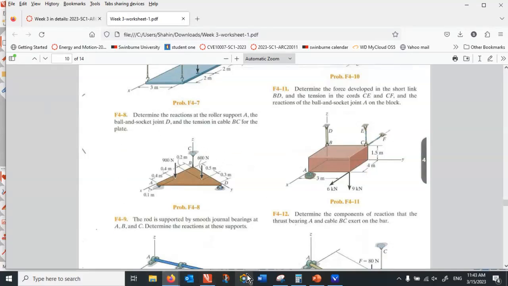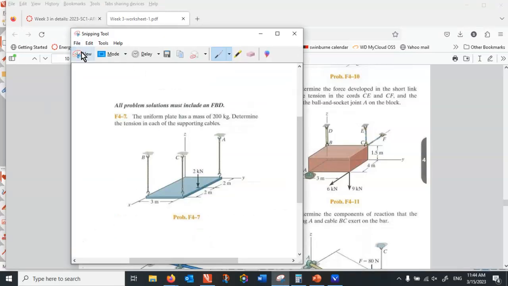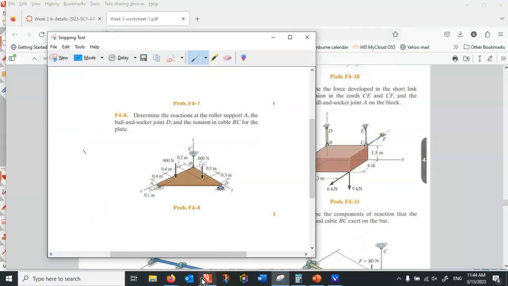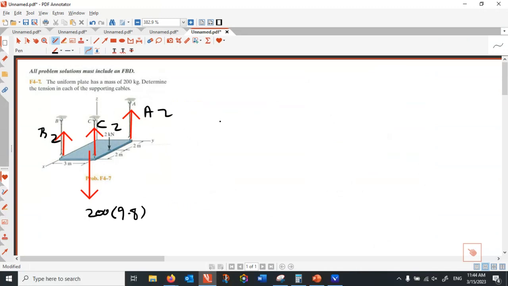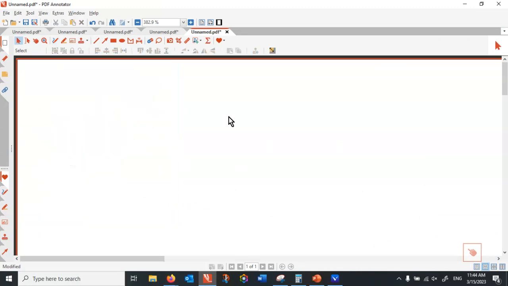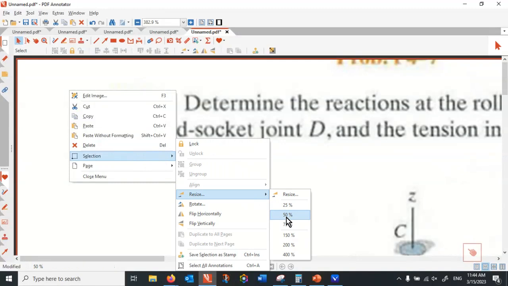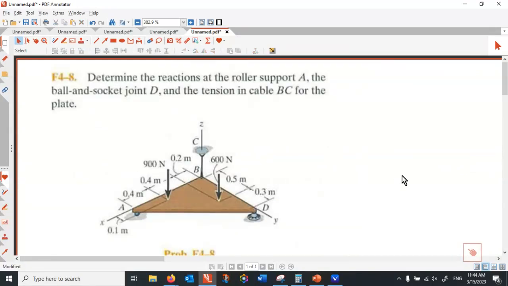Okay, 4-8. This is a triangular plate, and point B, it seems to me that is being suspended by cable.